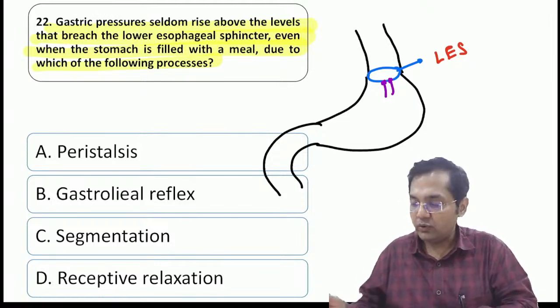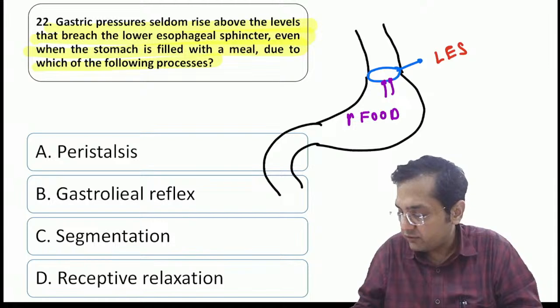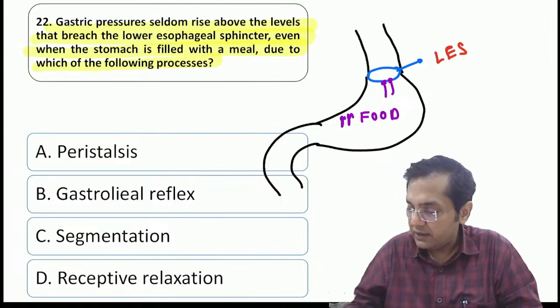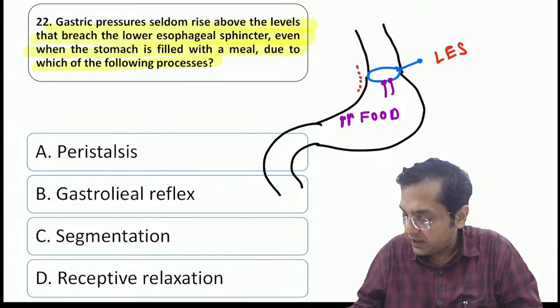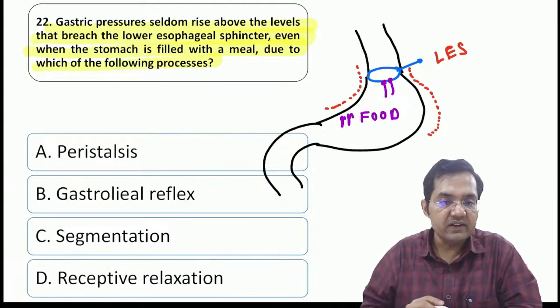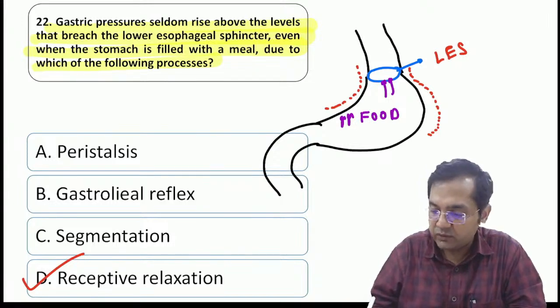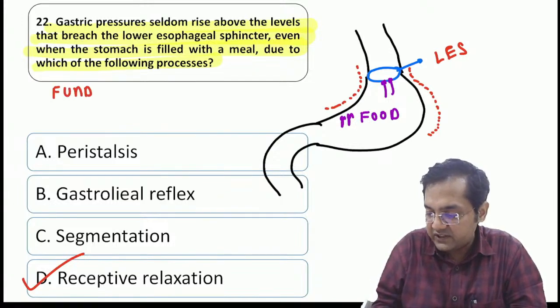Why is that so? Because when the food is there in the stomach, lots of food, remember what happens is the fundus and the upper part of the body of the stomach, it relaxes. This is known as receptive relaxation.